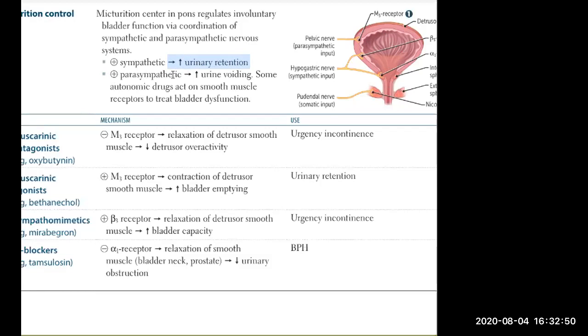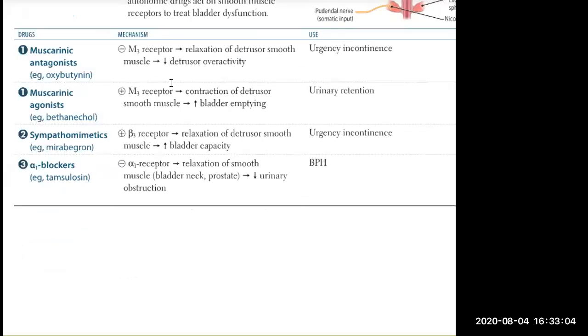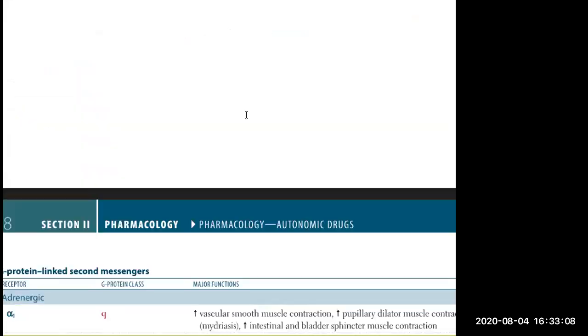The parasympathetic is controlled by the pelvic splanchnic nerve. These are the things which we will be studying in the next lecture basically.